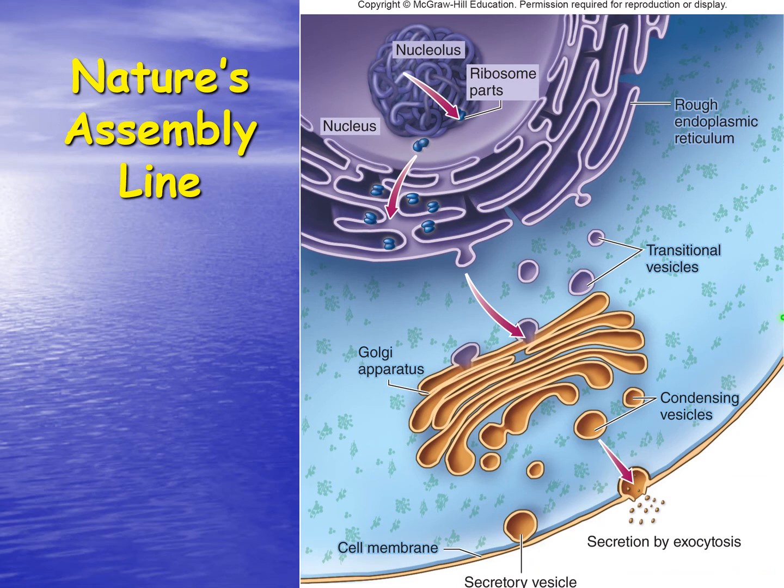So we really have an assembly line. We read the blueprint, we then send out that information to the ribosomes, make the protein that's stored in the endoplasmic reticulum, we pinch off the transitional vesicles, send it to the Golgi apparatus, the protein is modified, and then will go out for delivery.